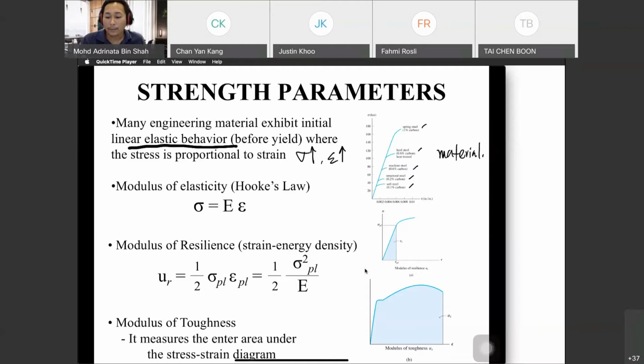And from this, the proportional state, which is in the first region, elastic.